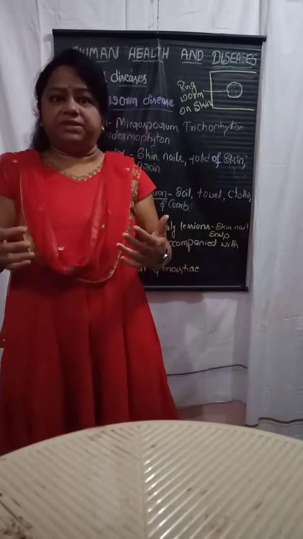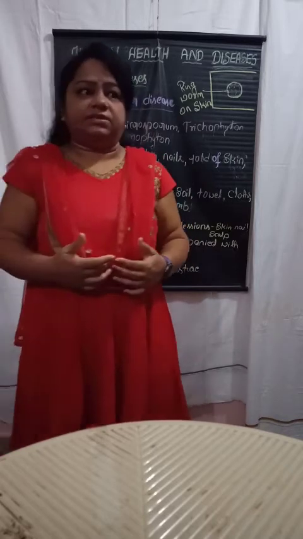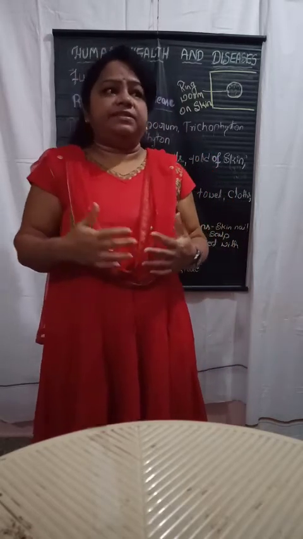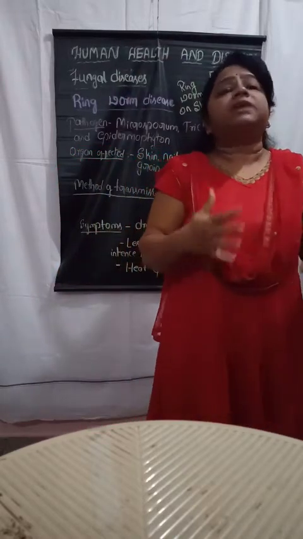Vectors are the agents that can transmit diseases. We discussed protozoan diseases in the last videos, like elephantiasis and malaria. How can we control those diseases? We can control them by eliminating the vectors and breeding places.